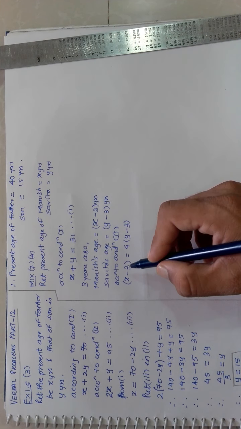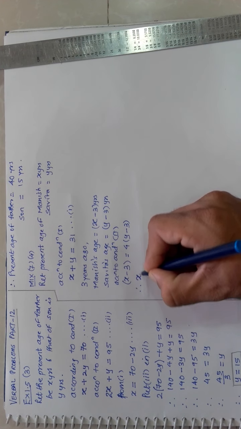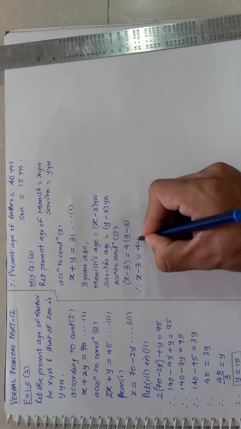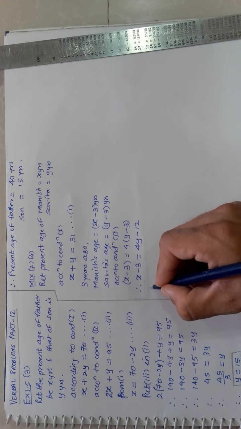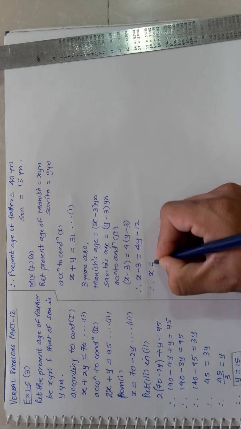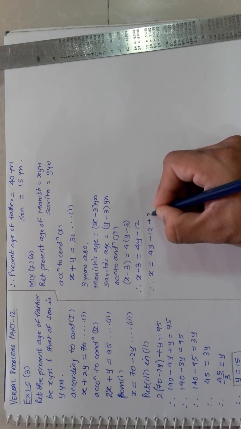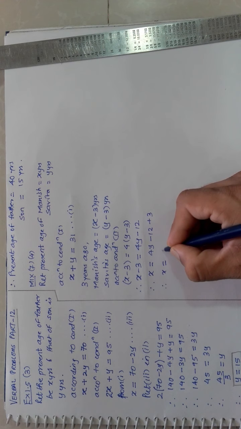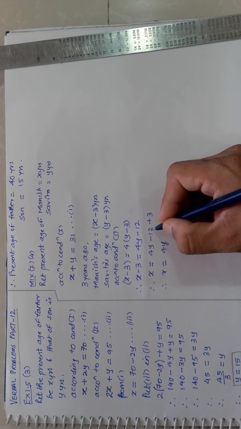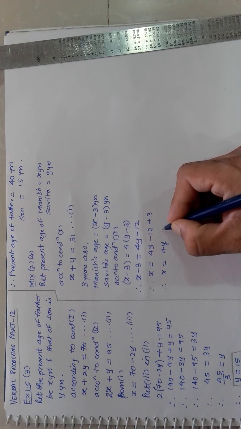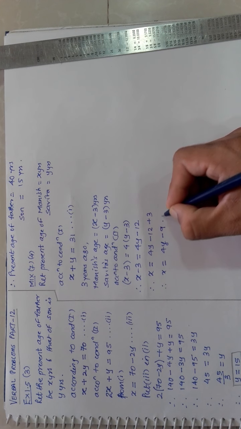It says Manish's age is 4 times the age of Savita. So when I open it, I get X minus 3 is 4 into Y, multiplication inside, that is equal to 12. So better I will say here that X is equal to 4Y minus 12 plus 3. So in short you get X is equal to 4Y, these are having different signs, so it will be subtraction. 12 minus 3 is 9, and the sign of the larger number. So let this be the second one.